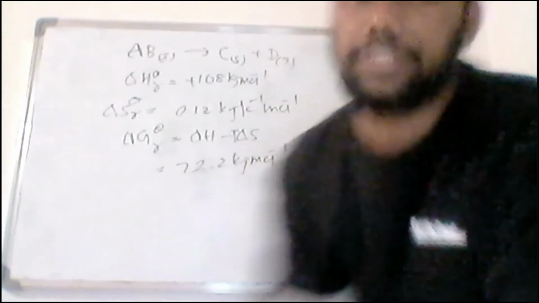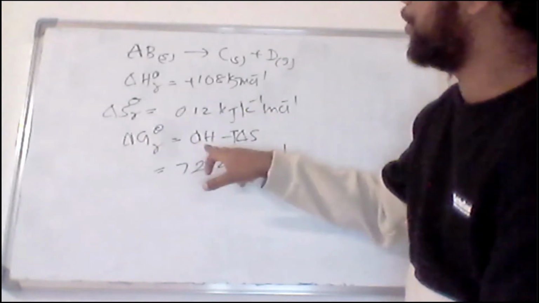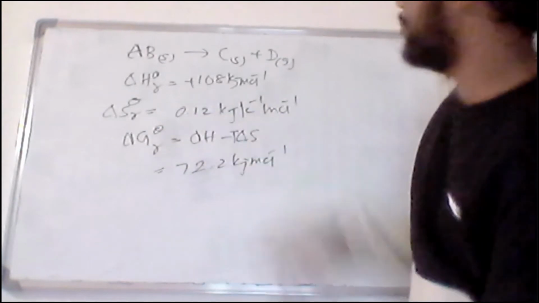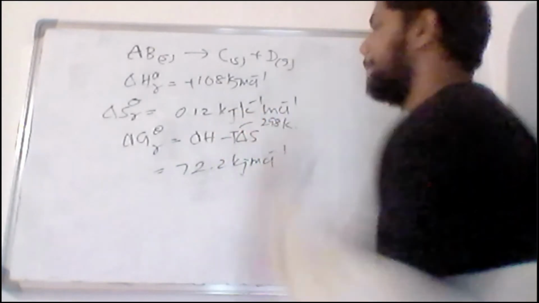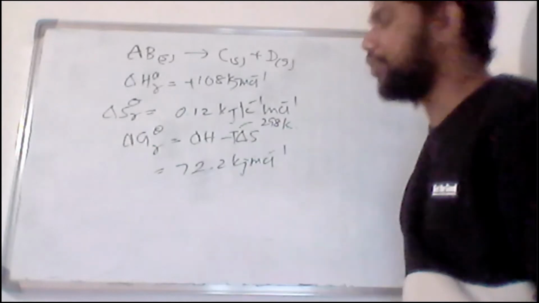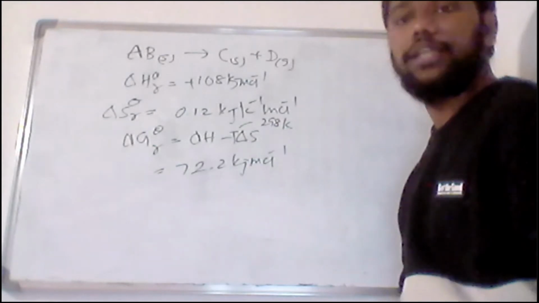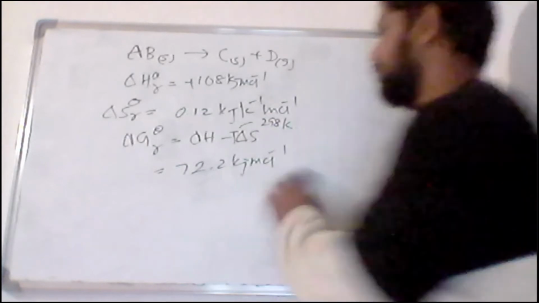Okay, so this is the normal way. Delta H here 108, delta S here, temperature is 298 Kelvin. Then you can plug this in and find delta G. It will be 72.2, and you can explain, since delta G is positive, the reaction is non-spontaneous. So this is the first step.